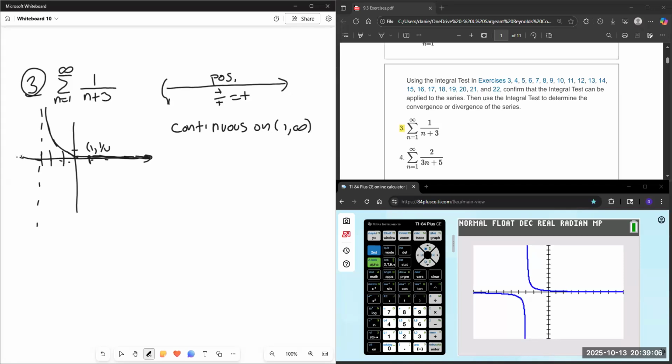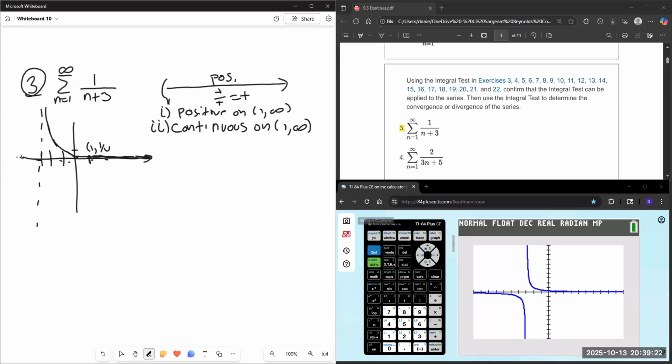The only place where it's discontinuous is at -3. So we've met condition 1, positive on 1 to infinity, continuous on 1 to infinity.